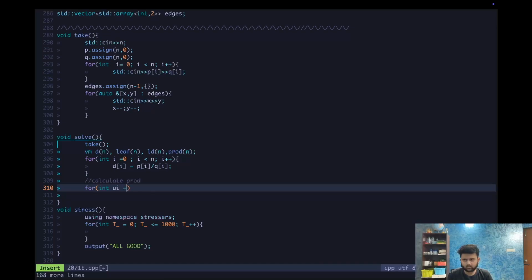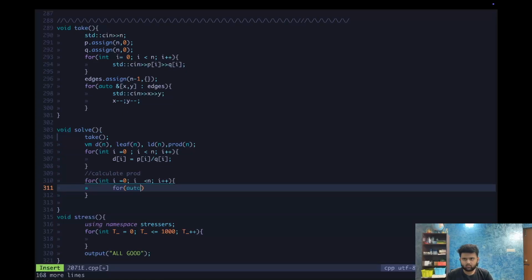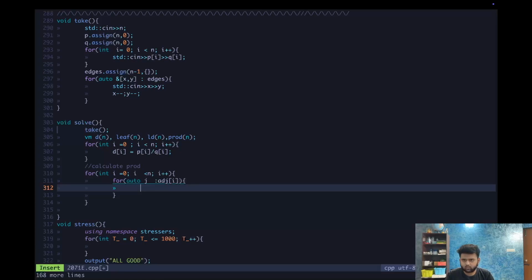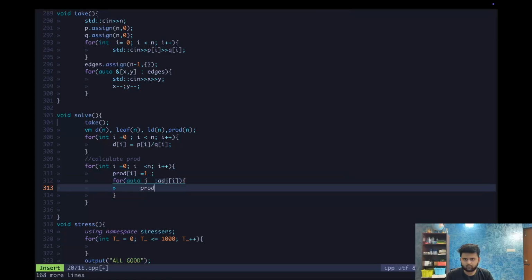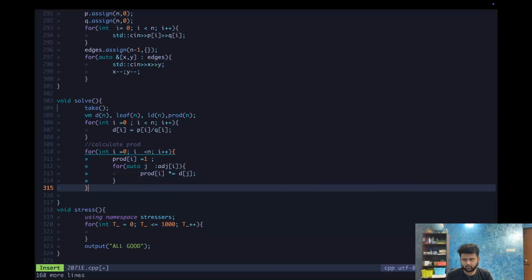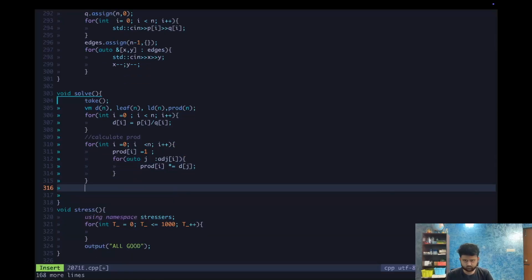So for int i equals 0, i less than n, i plus plus, for all the neighbors of i, you initialize prod to be 1 and multiply prod of i by the probability of it dying. Then calculate the sum of the ratio of living and dying.